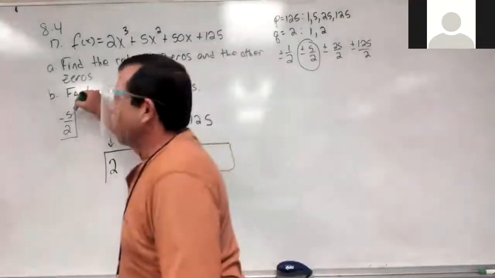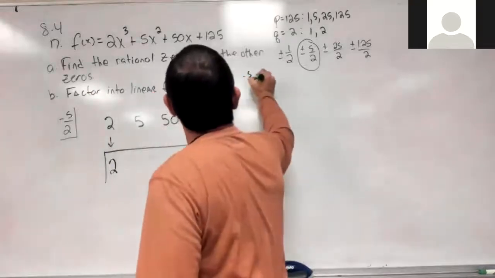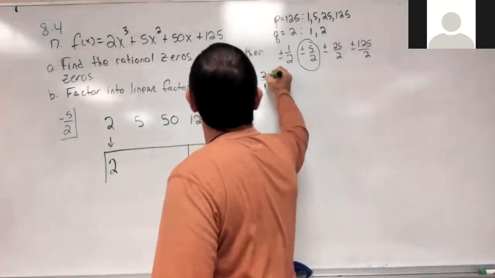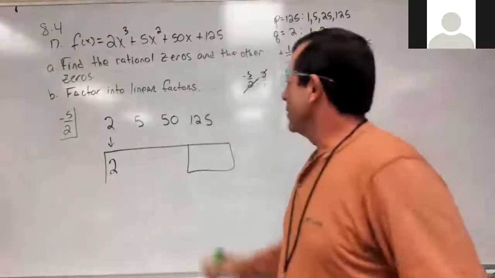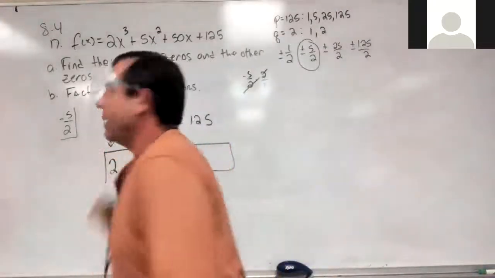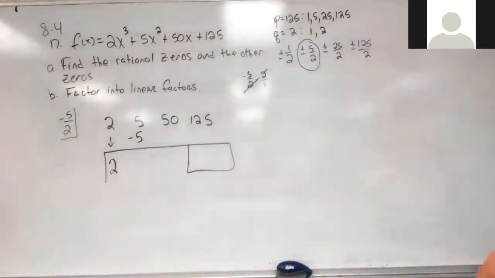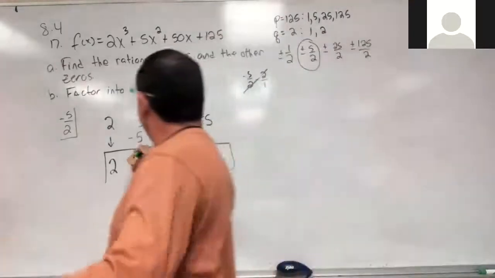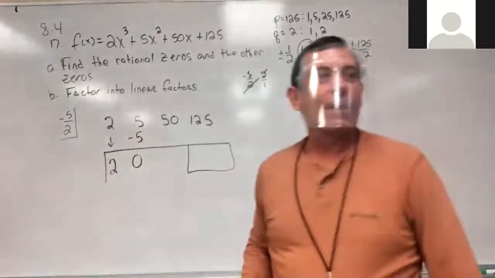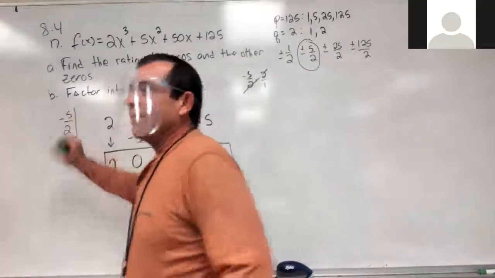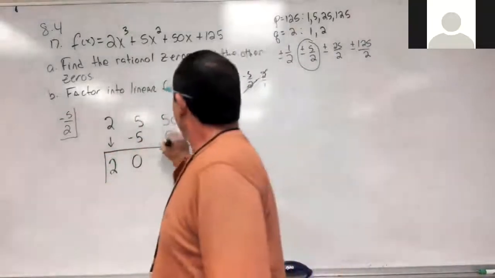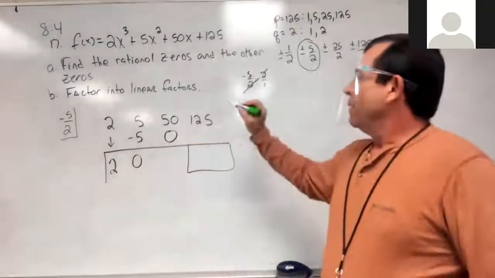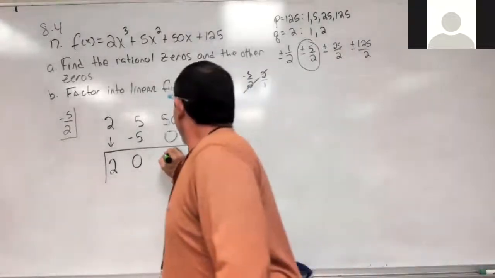2 times negative 5 halves. We got a negative 5 halves times a 2. The 2's cancel, so I end up with a negative 5. And then that 5 and negative 5 add to give you a 0. 0 times negative 5 halves. 50 plus 0 is 50.